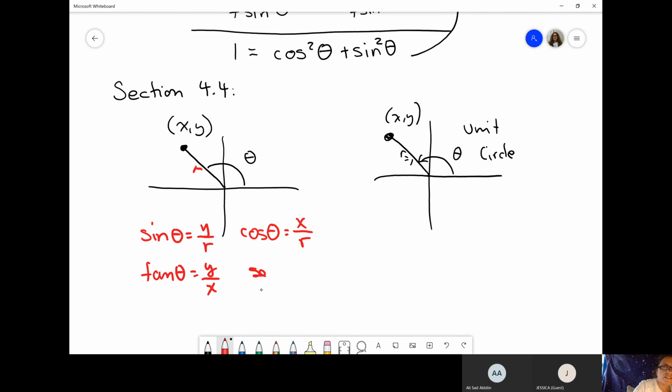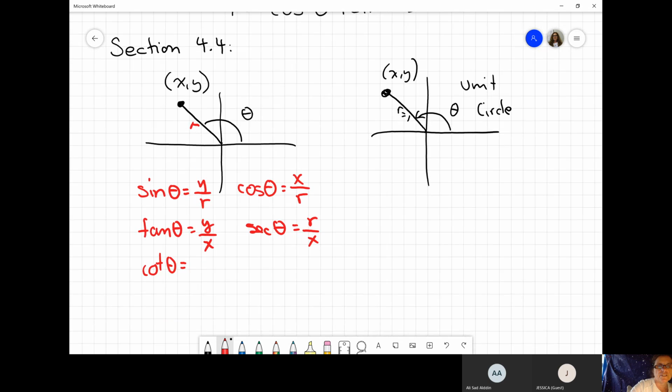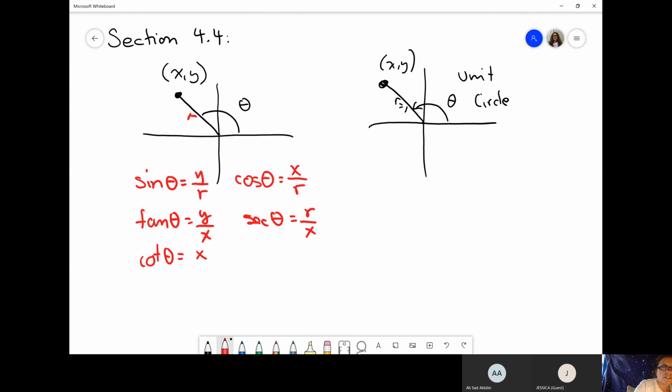The secant of theta is the reciprocal of the cosine, so that is r over x. The cotangent of theta is the reciprocal of the tangent, which is x over y, and the cosecant of theta is the reciprocal of the sine, which is, in this case, r over y.